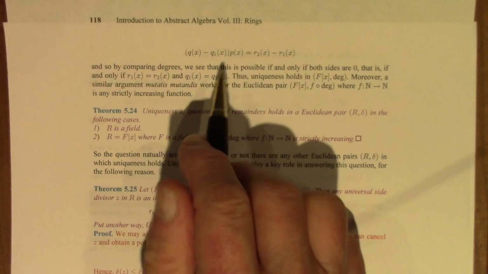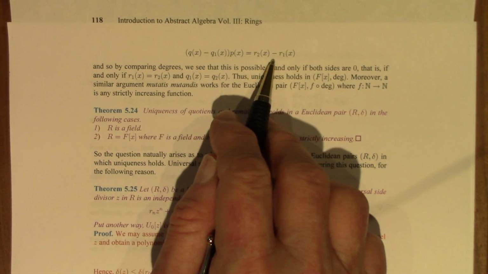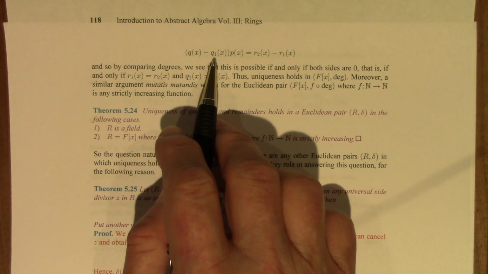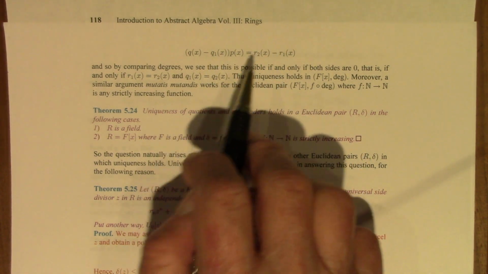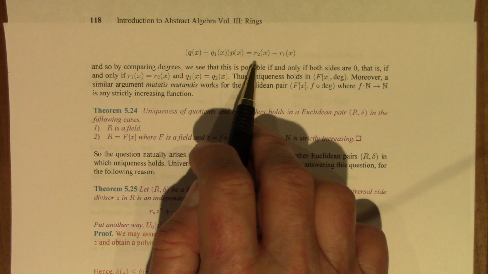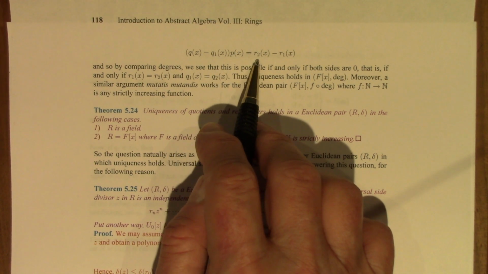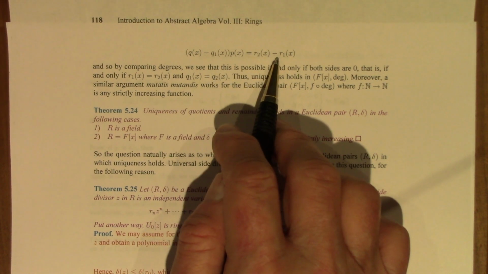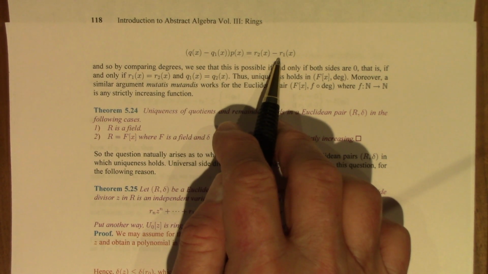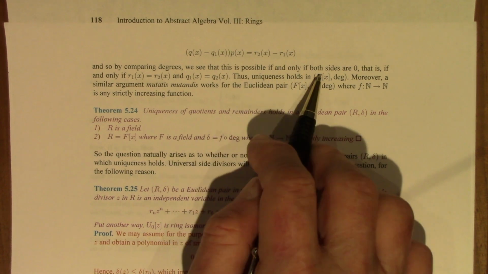Then rearranging, we have this, and comparing degrees, we see that this is possible if and only if both sides are 0. The degrees just do not match. And so uniqueness holds.